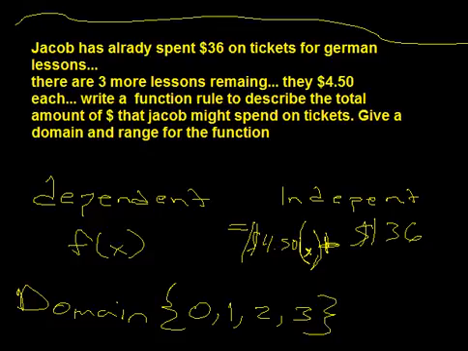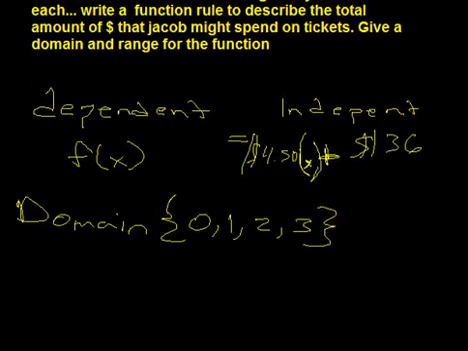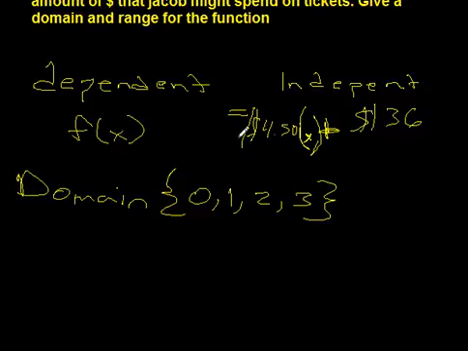These are the number of times that he goes to see his teacher for the sessions. Well, domain is also the independent variable. So what I'm saying here is that when x is 0, this equation is going to be 4.50 times 0 plus 36.